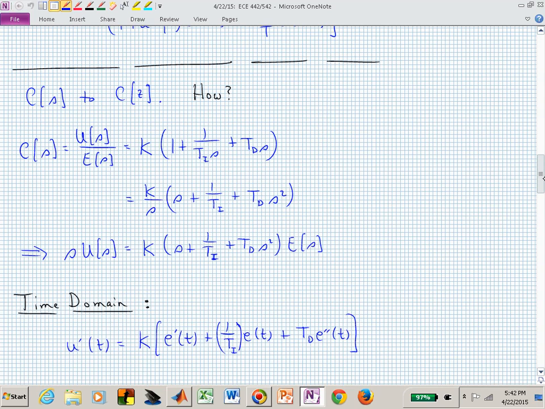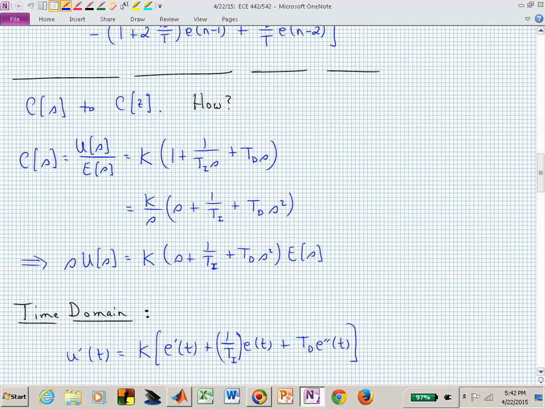If we take that into the time domain, S times U in the frequency domain is equivalent to differentiating in the time domain.